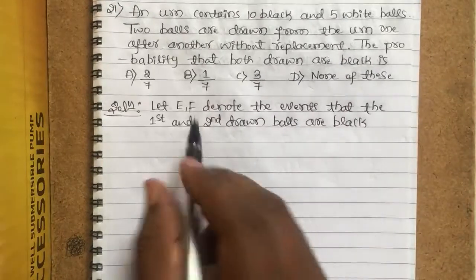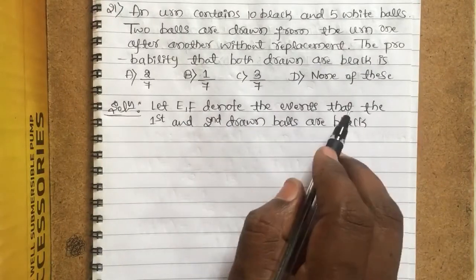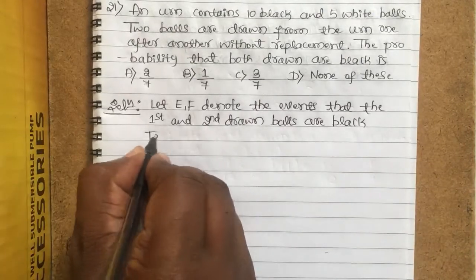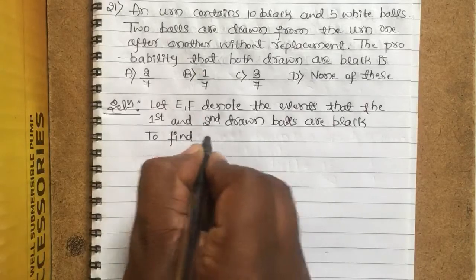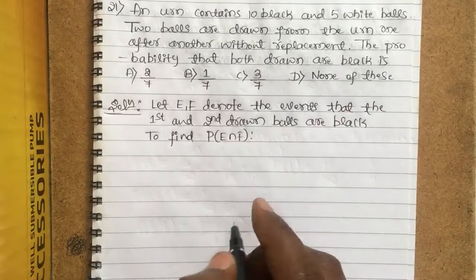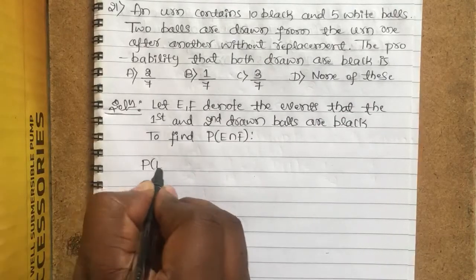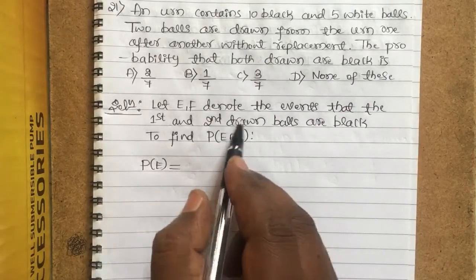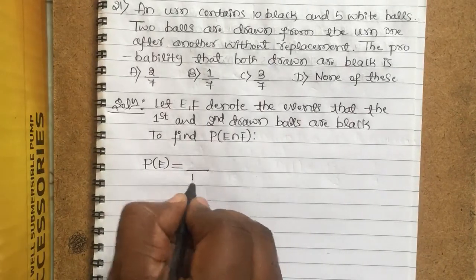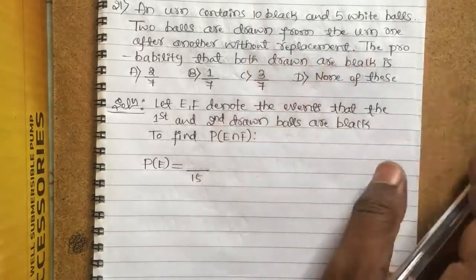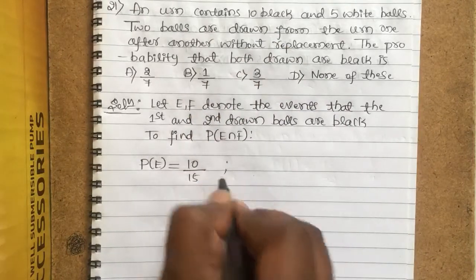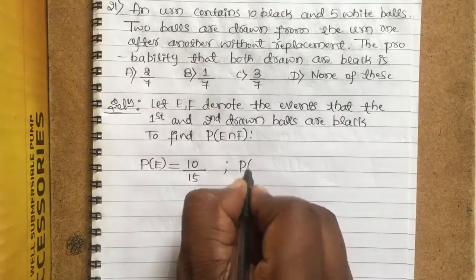So here we have taken event E and F are events that the first and second drawn balls are black. So here we have to find P of E intersection F. To find P of E intersection F, so now what is P of E here? Probability of event E, that is the first drawn ball is a black. Overall we have how many balls? 15 balls, 10 black and 5 white. Then how many black balls? It is 10.